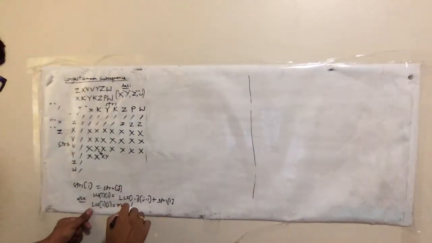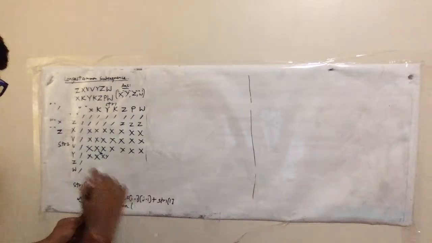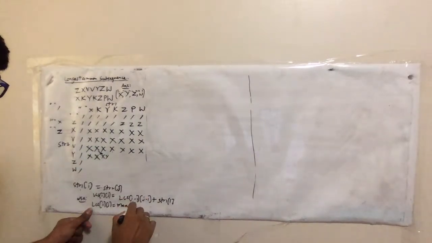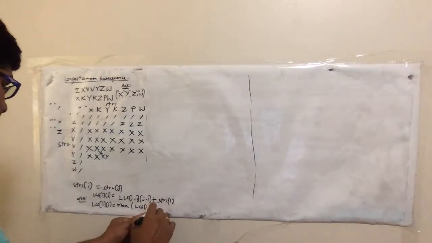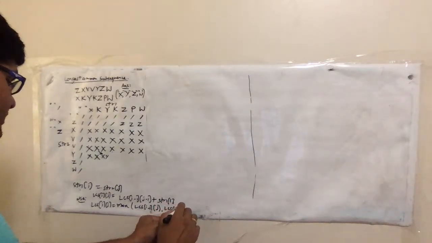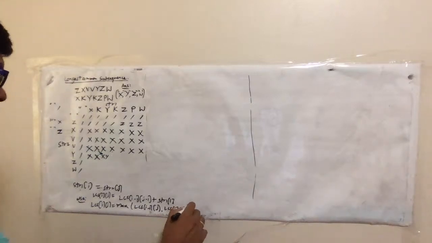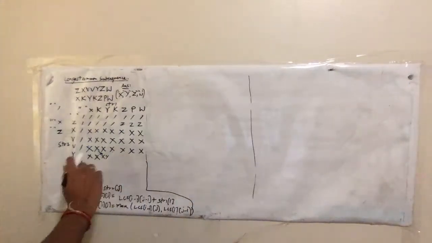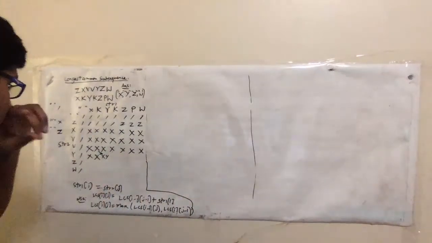So maximum of these characters: LCS of I minus 1 j, comma, LCS of I j minus 1. Which one is bigger? Based on the length, take that. So this is the formula. The remaining we need not fill because we already got the formula. Okay.